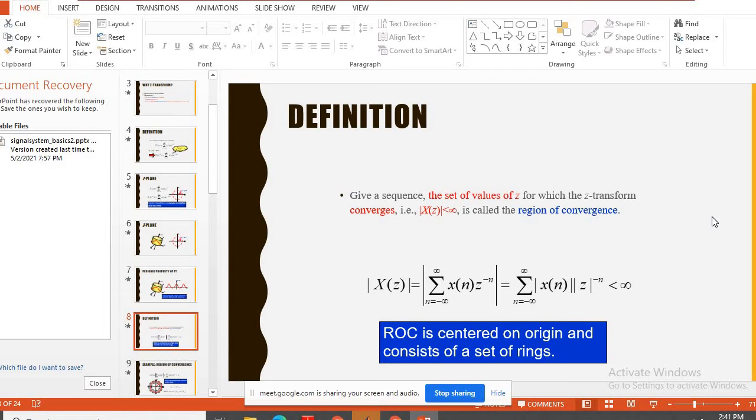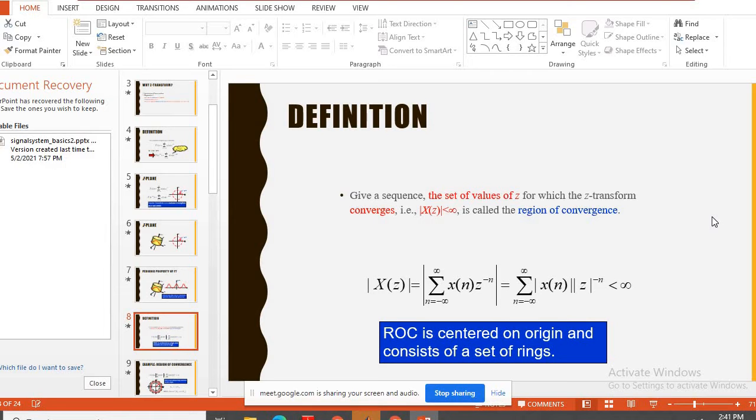We already studied systems in the first chapter, signals and systems, basic properties of systems. At that time we stated one property: whenever the output signal is bounded, that is finite, we call it a stable system. That's why stability is associated with bounded nature.